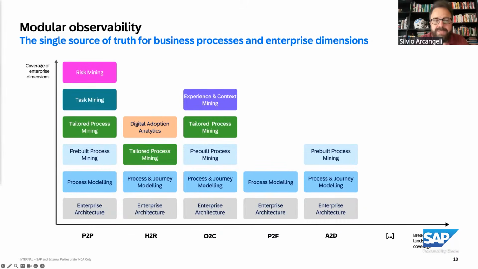Whereas for other processes, even just modeling alone and enterprise architecture management alone might already suffice, right? So you might not need to deploy additional capabilities everywhere, right?